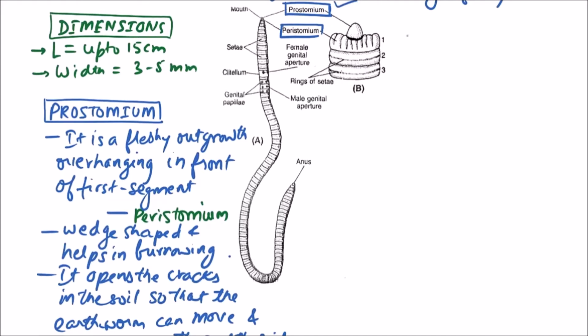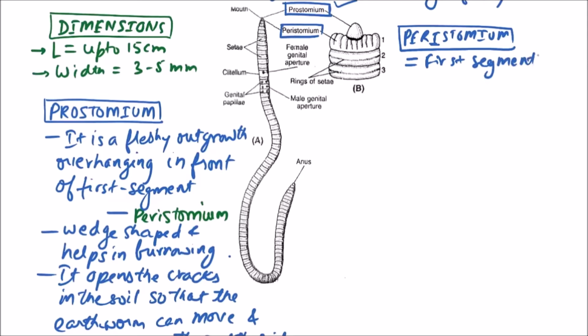Now the peristomium. Peri means around, stoma means mouth, that is encircling or surrounding the mouth. So this is the first segment of earthworm. It is also known as buccal segment.